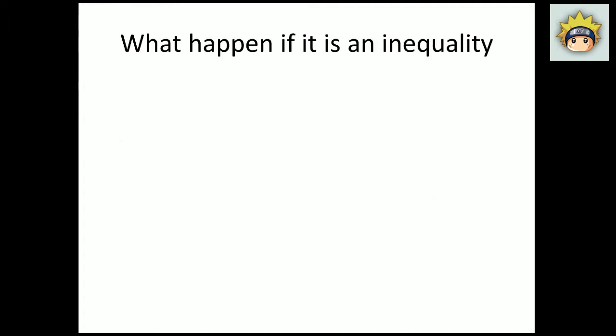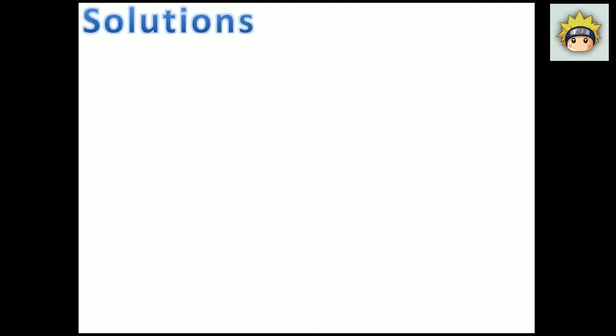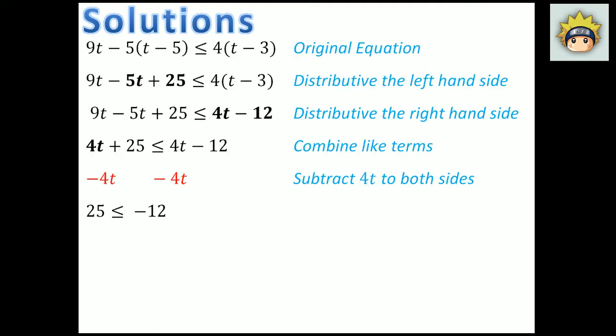Alright, so what happens if it's an inequality now? Solve this inequality. You should notice that these are the same expressions on the left hand side and the right hand side, but this time the equation is now an inequality. So please pause this video and do the problem. Alright, so this is going to be the solution. Again, the work is exactly identical to before, but this time it's not an equation, it is an inequality.